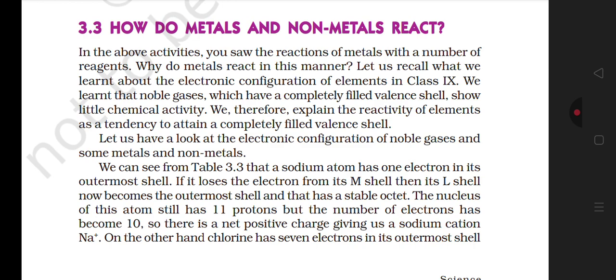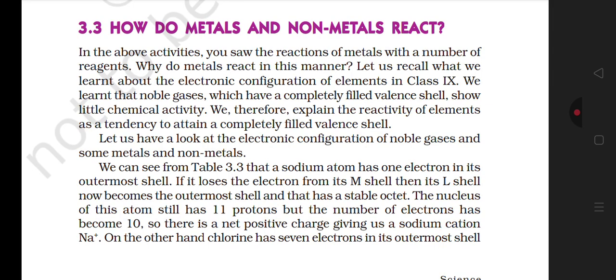We therefore explain the reactivity of elements as a tendency to attain a completely filled valence shell. Let's have a look at the electronic configuration of noble gases and some metals and non-metals. We have seen in table 3.3 that a sodium metal atom has one electron in its outermost shell.